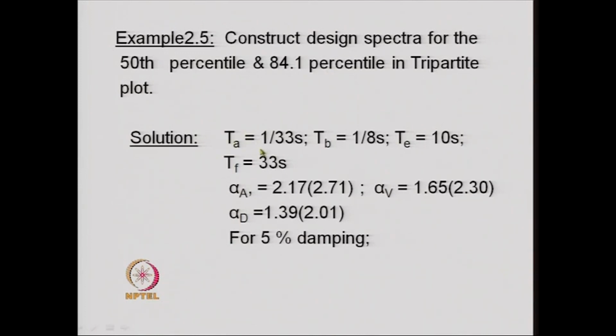For example, TA was given as 1 by 33 second, TB was 1 by 8 second, TE was 10 second, and TF was 33 seconds. And the alpha A, alpha V and alpha D values, these multiplying factors, can be taken from standard textbooks on earthquake engineering.